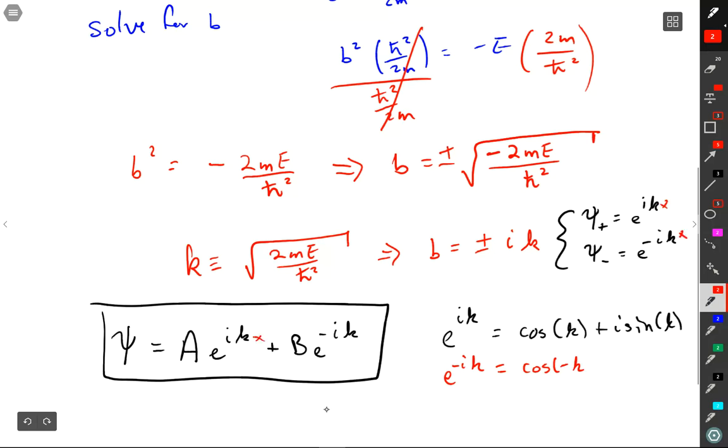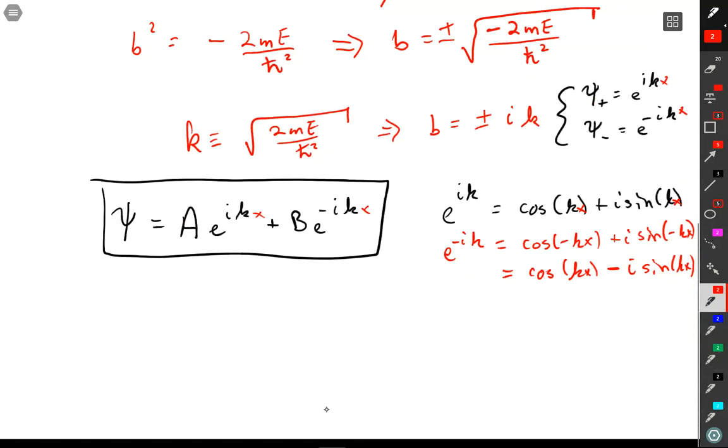That's a little bit important. And by a little bit, I mean it's vital. So cosine of minus kx is the same as cosine of plus kx because it's even, it's symmetric. But sine is anti-symmetric. It's an odd function, so that's going to be minus i sine of kx.